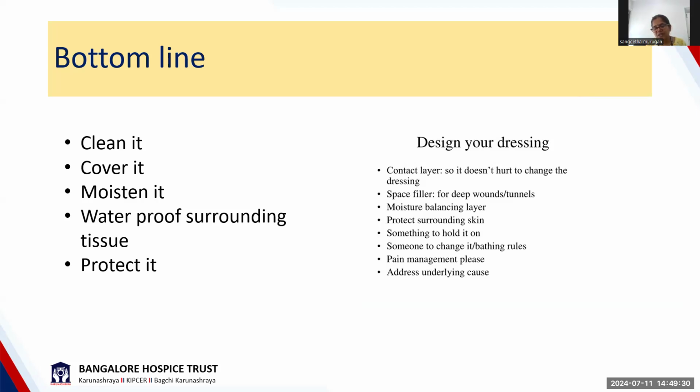The nutrition has to be maintained, the moisture has to be maintained, protect the skin, and teach the patient the bathing rules with pressure ulcers, pain management, and how to manage the underlying cause. Basically, you are going to clean the wound, cover the wound, make sure the wound is moist, and make sure you have a waterproof dressing and you are protecting it. So this is the bottom line for pressure ulcer wound management.